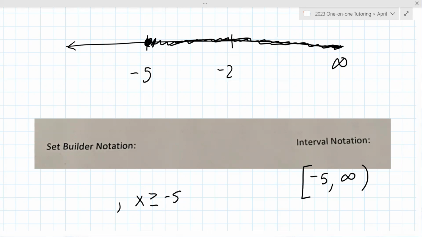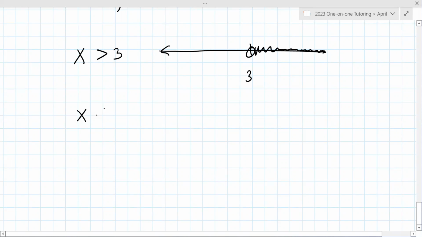Okay, so let's review that a little bit. See how that could be unclear. Let's graph X greater than 3. There's 3, and it's everything to the right of 3. X less than 3 is everything to the left of 3.